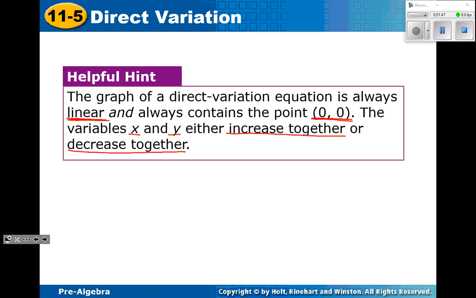Here's a very simple real-life situation. Let's say you make $5 an hour to babysit. That's the direct variation equation for this. If you were to graph it, if you work 0 hours, you get $0. So you're plugging in 0 here, and you see that 5 times 0 equals 0. So it does contain the point (0, 0).